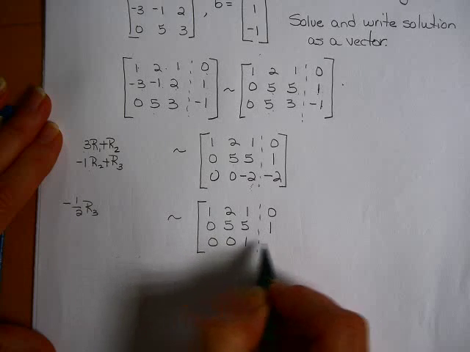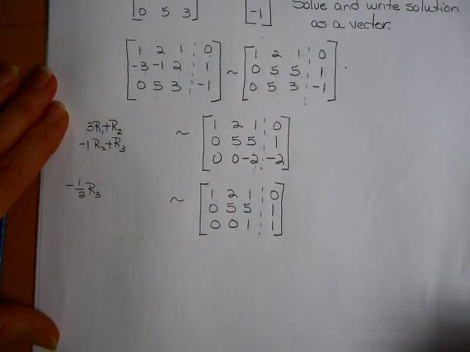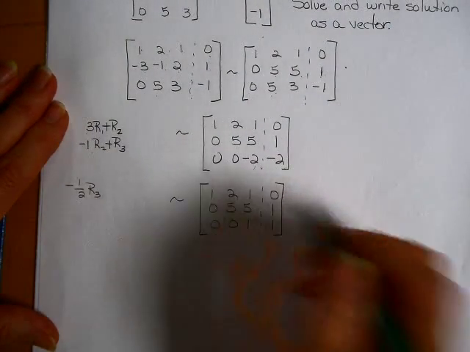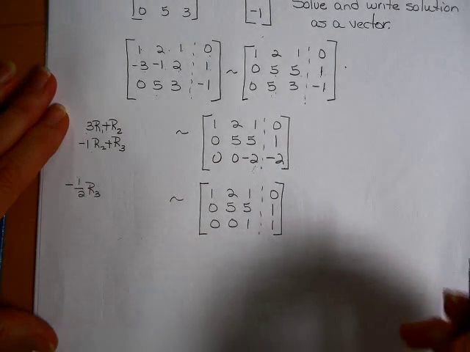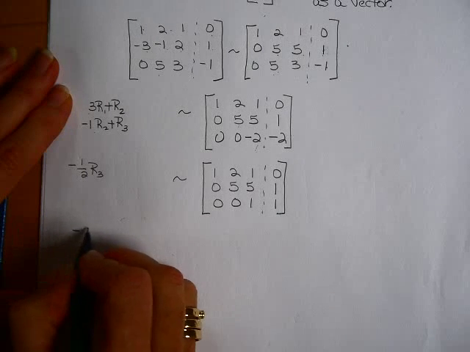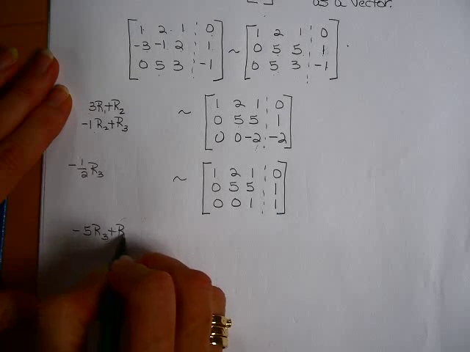0, 0, 1, 1. Now in my mind it's going to be easier to go back up. And I'll worry about that 5 again when I get to the end because I really don't want a fraction over here. So now I'm going to multiply negative 5 times row 3 and add it to row 2.